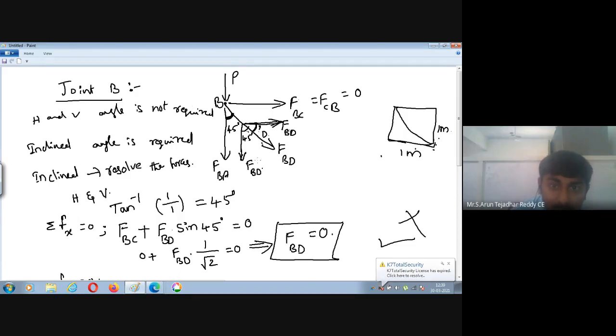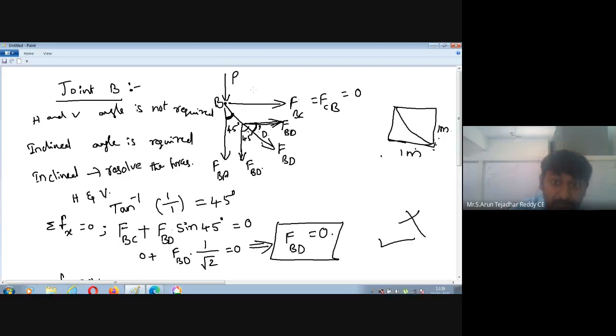See, once we calculate all vertical forces equal to 0. In this problem, totally how many vertical forces are acting? That is, load P is acting, that is vertical force. Next, from B to A, B to A is also vertical, and after resolving from B to D also vertical. Totally three vertical forces are acting, and check the directions.